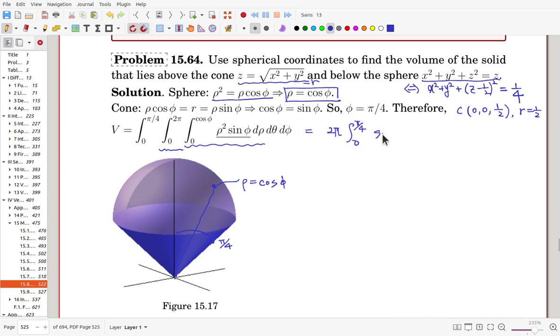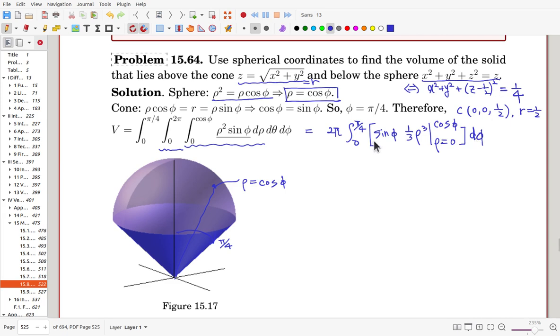Sine phi is a constant in the rho integration, and rho squared will give 1/3 of rho cubed, and then rho is from 0 to cosine phi, right? After getting this one, we'll try to get the integral over phi.